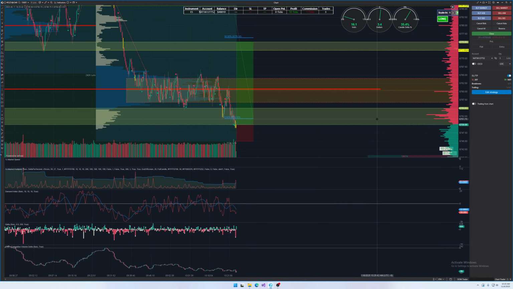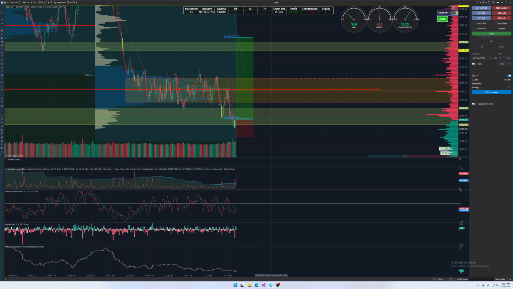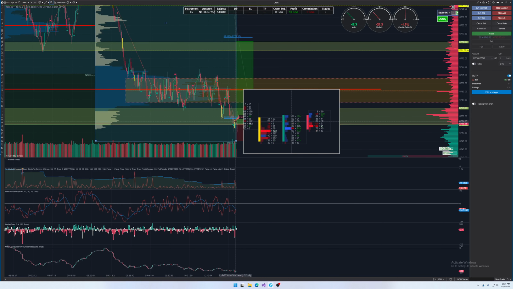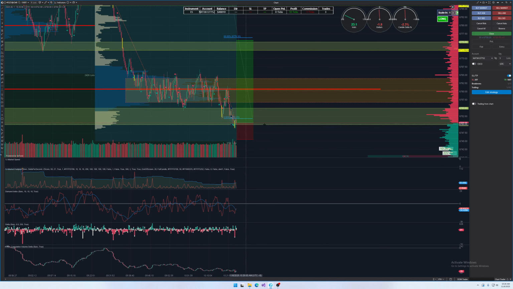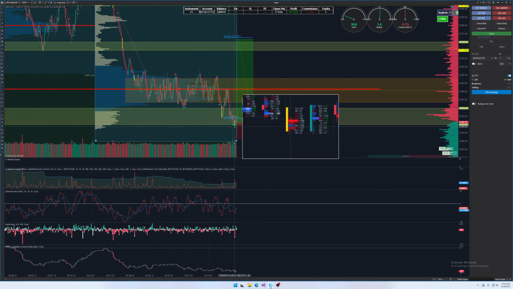Huge sellers here. So I guess the imbalance which had been created here is now over. That had been worked out, but since there's an institutional trader, the market might react again when it comes back here, but I'm not sure.